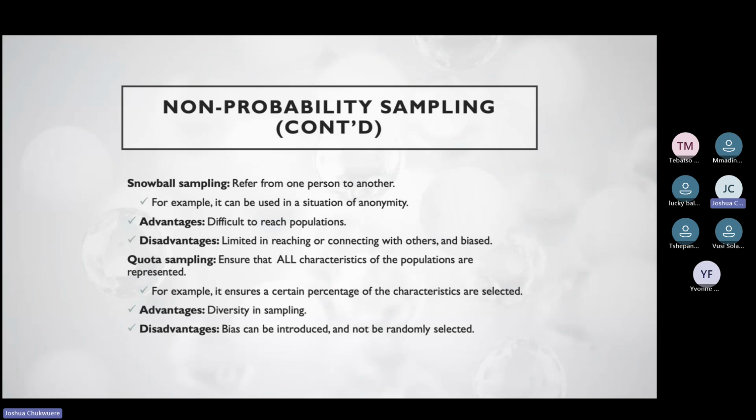Also have a snowball sampling, referring from one person to another, meaning what? That you want to conduct your study. So now, because you have your samples, you have determined your sample size. But you say, okay, fine, we're gonna follow snowball sampling technique, meaning what?